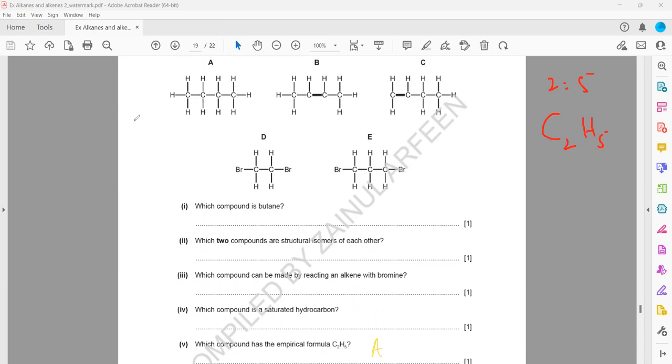Yeah, A is right. Why? Because A's molecular formula is C4H10, with 4 carbon atoms and H10. When we take the simplest ratio between 4 and 10, it will be 2 and 5. So C2H5.